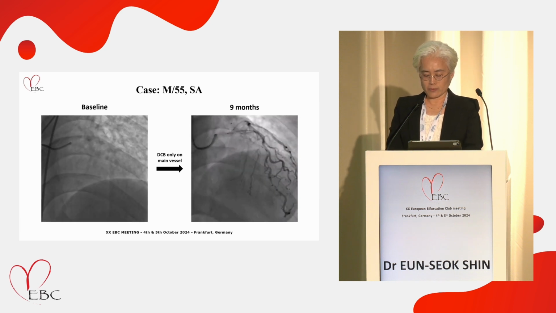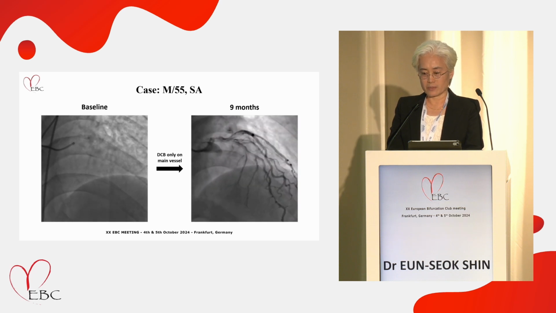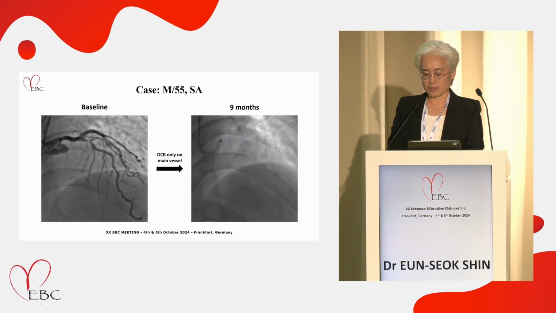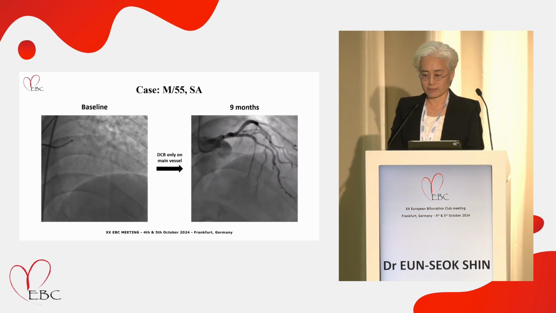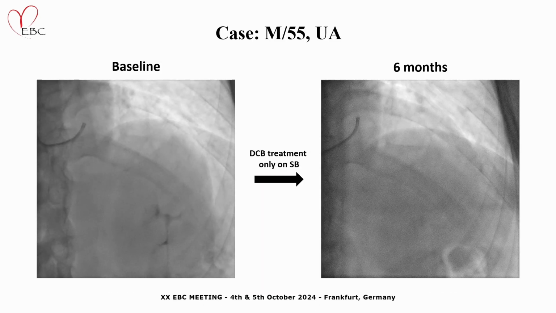Treatment was performed only on the main vessel. However, the side branch ostium slightly enlarged. When observed with OCT, it is evident that although DCB treatment was performed only on the main vessel, the side branch ostium area also increased.